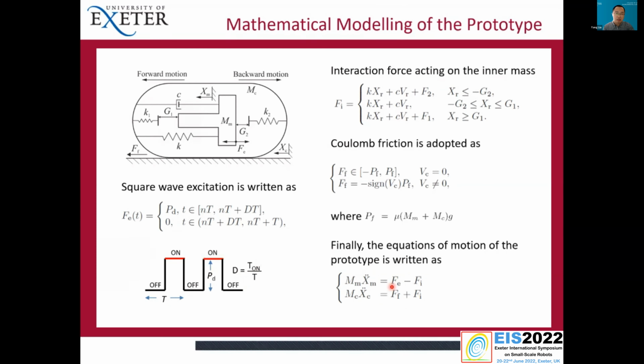The first equation is related to the inner mass, under this square wave excitation, and Fi is the interactive force between the inner mass and the capsule. The second equation is related to the motion of the capsule, and it has Coulomb friction and the interactive force from the inner mass.